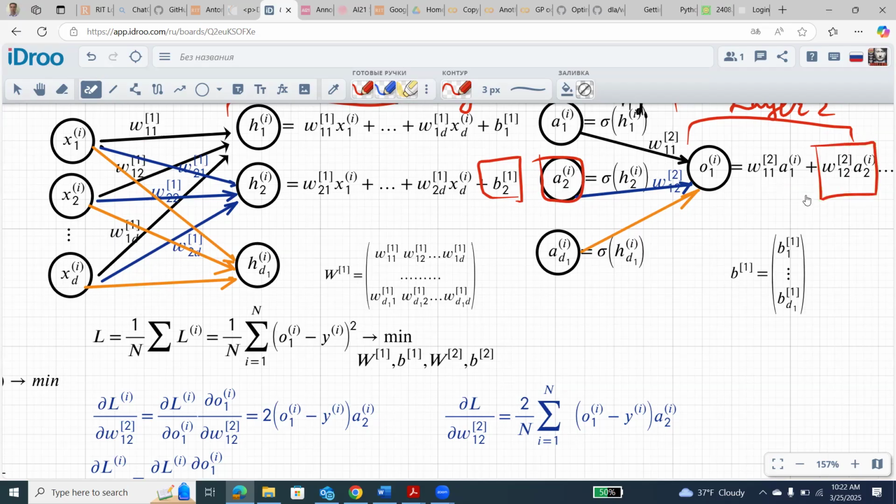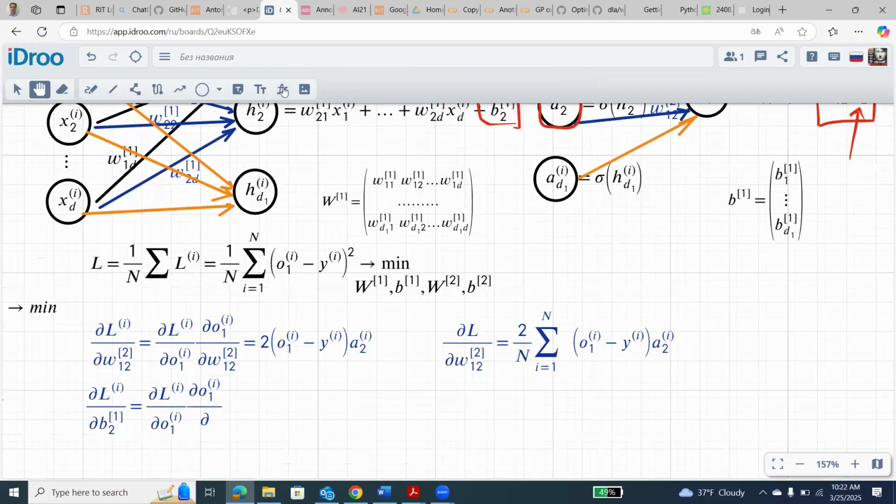Does W depend on B2 or does A depend on B2? Yes, only A. W will be like a constant. So we will calculate the derivative first with respect to A2, and then the derivative of A2 with respect to B2, again using the chain rule.